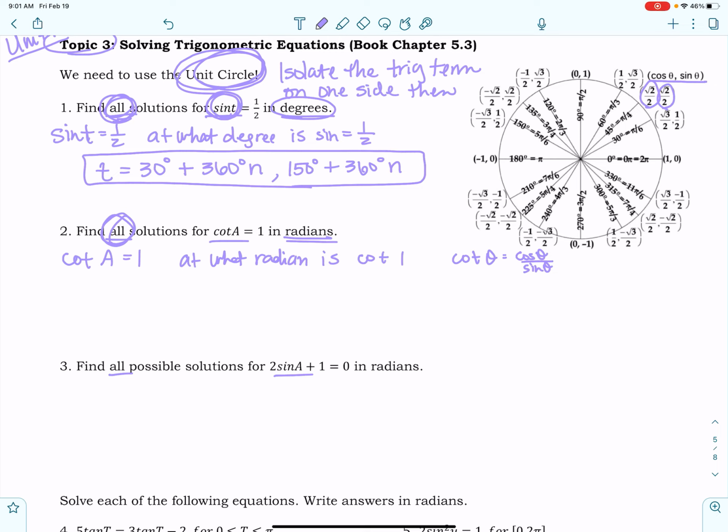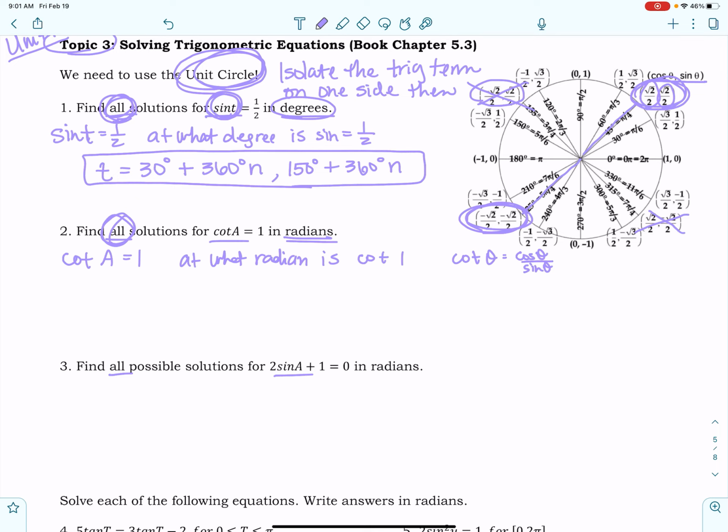The only place that cosine over sine equals 1 is going to be right here and right here. It's not going to occur here or here because those values are -1, because your sine is negative in quadrant 4, and your cosine is negative in quadrant 2. So this is occurring at 2 places. Notice the 2 places that it's occurring are right across from each other.